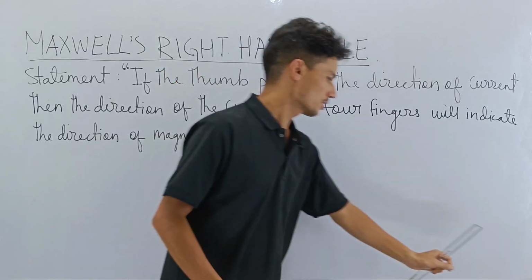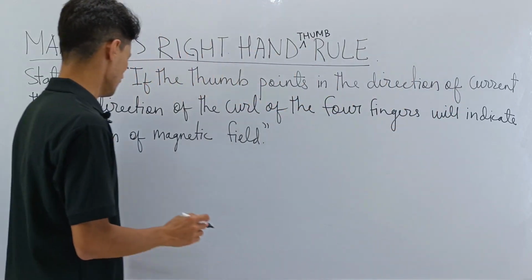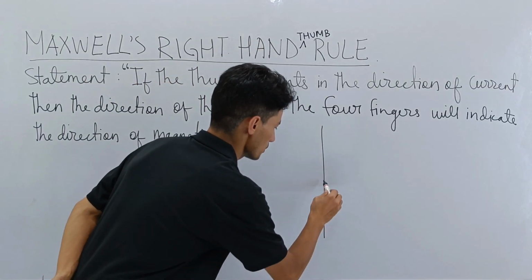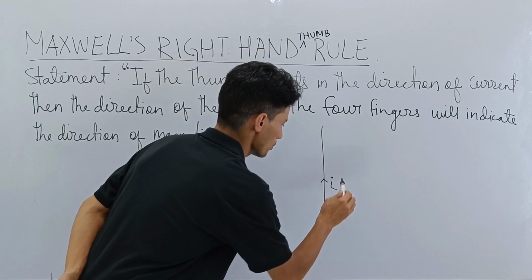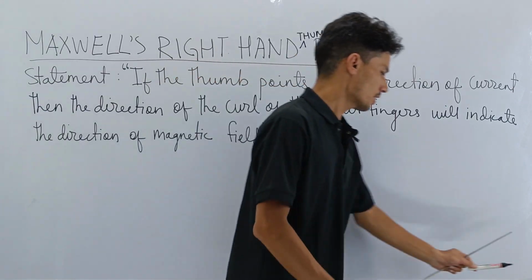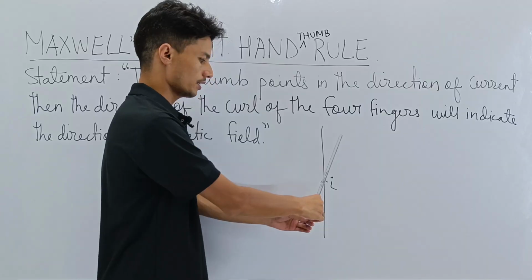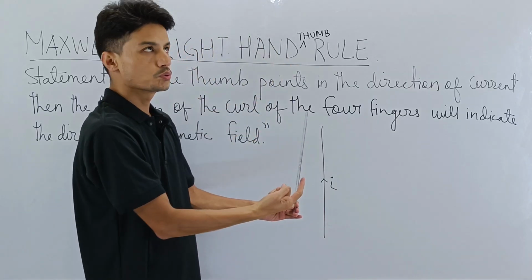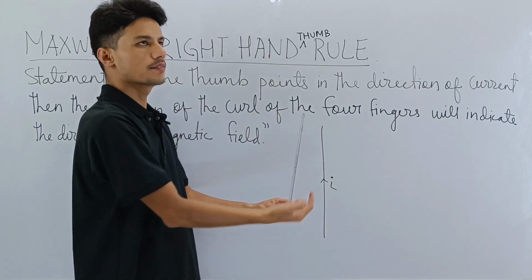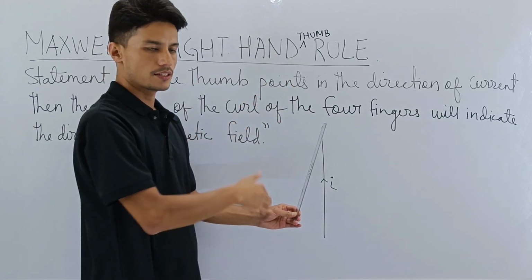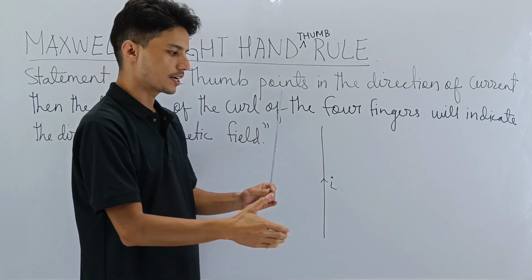First of all, let's say the current is flowing upwards. I stands for current, and the current is going upwards. So let this be the current carrying wire, and the current is flowing upwards towards the ceiling. According to the statement, my thumb should point in the direction of current.